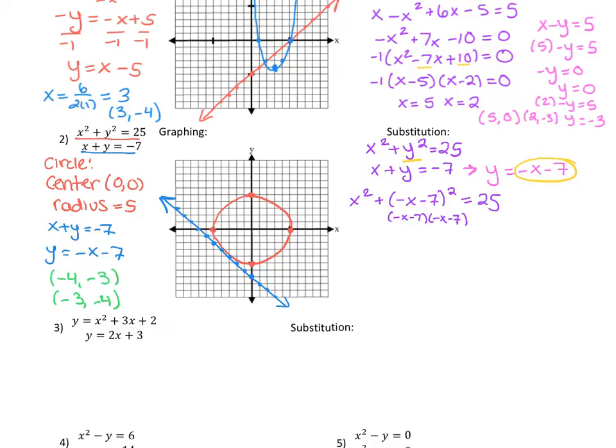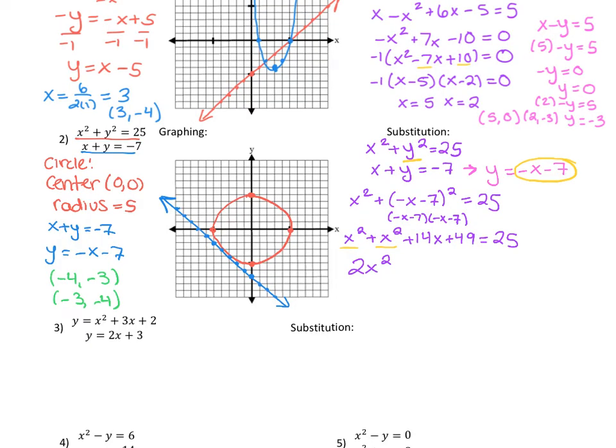So once I simplify that, I'll get x squared plus x squared plus 14x plus 49 equals 25. Now, I'm going to put this equation into standard form, but I want to make a very important note. If I'm doing x squared plus x squared, I'm going to get 2x squared.